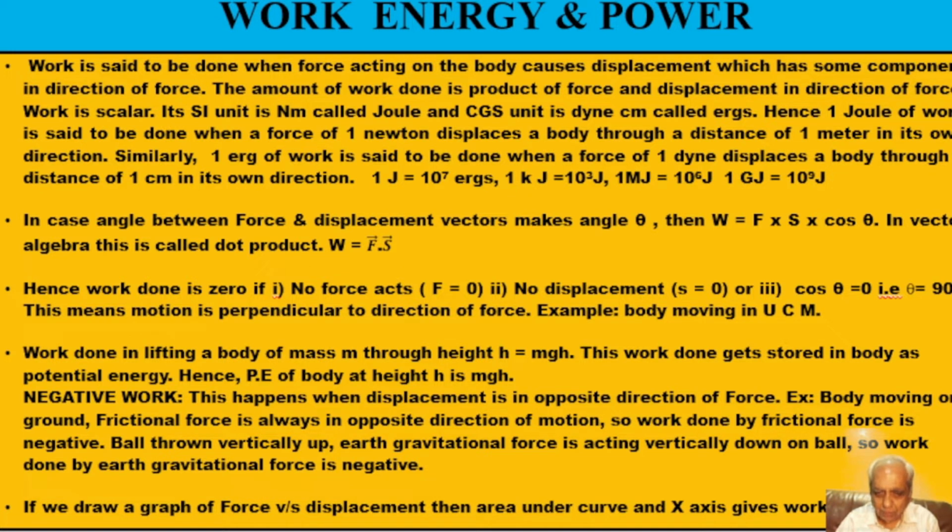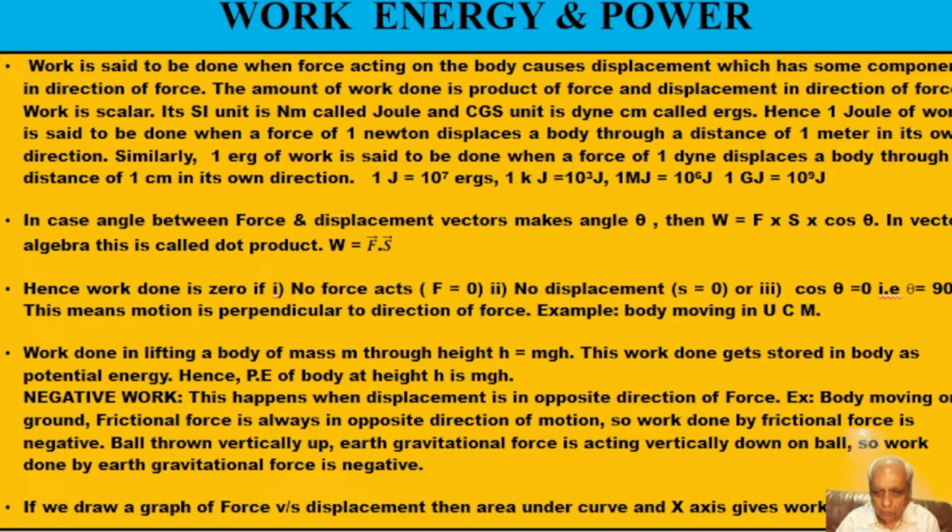I will come into somewhat detail later on. So now the point that you should learn is that work done is equal to force multiplied by displacement in the direction of force, and work done is a scalar. So W is equal to F into S, where S is displacement.